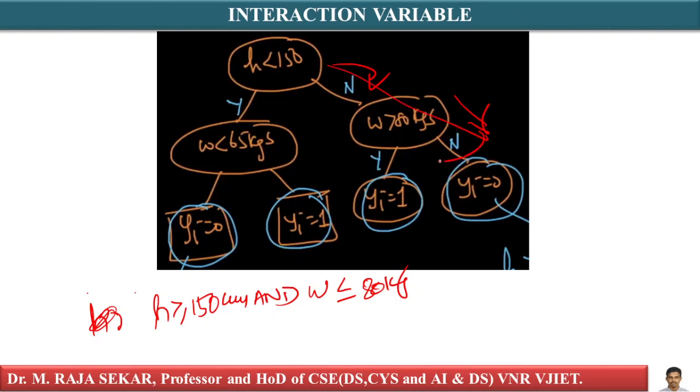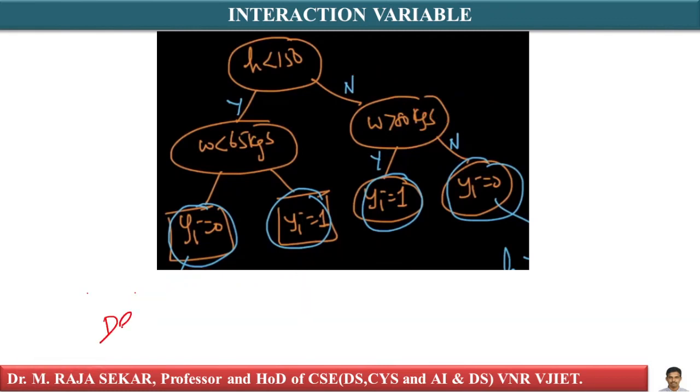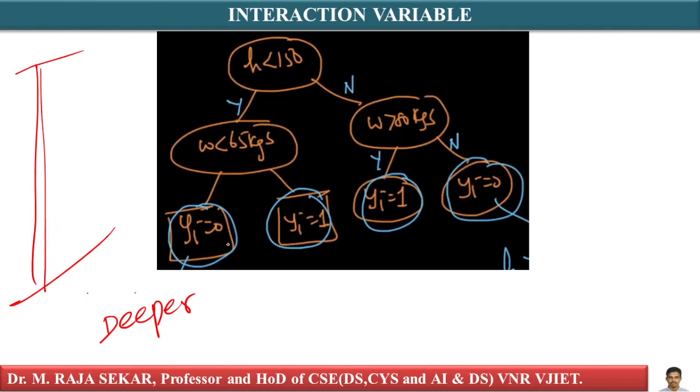In this case, it is a two-way interaction. If I create a slightly deeper tree, let me say very deep trees, you could get three-way interaction. Even four-way interaction sometimes.